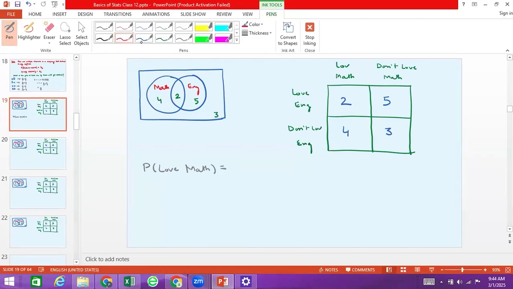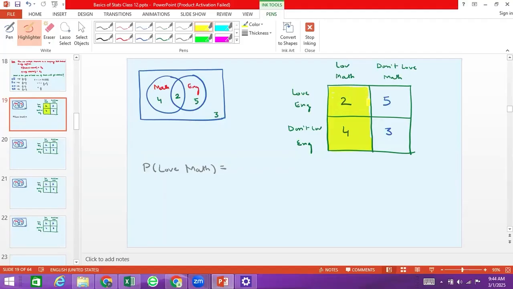Okay, how many students love math? The total number of students who love math is 6, because 4 plus 2 is 6. These are all the students who love math.